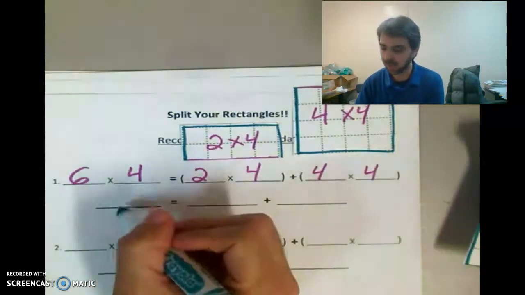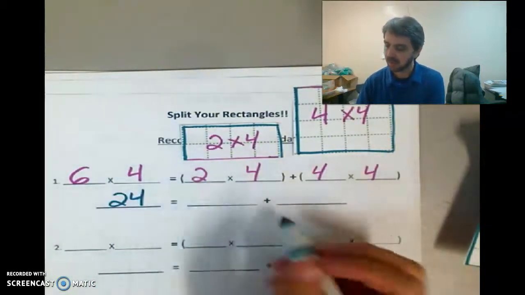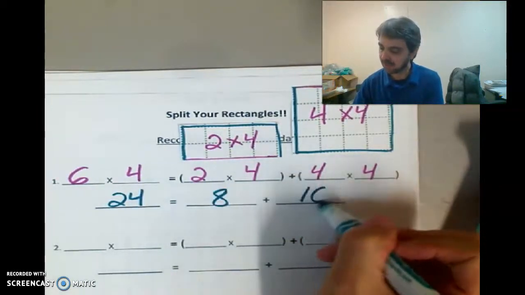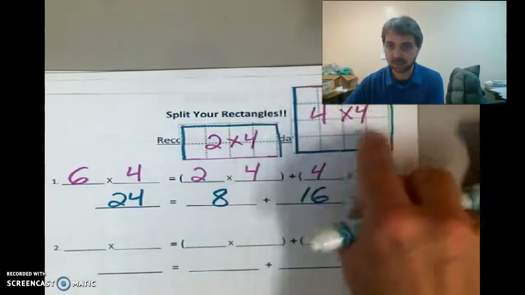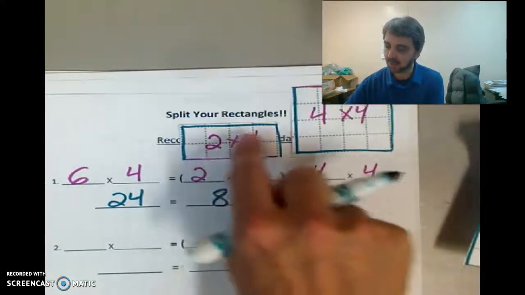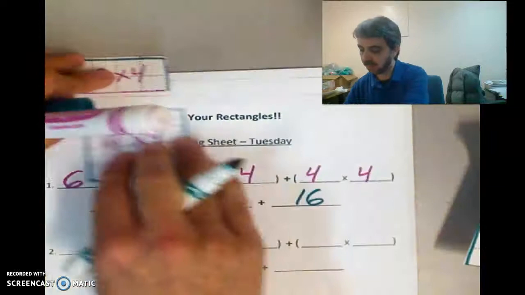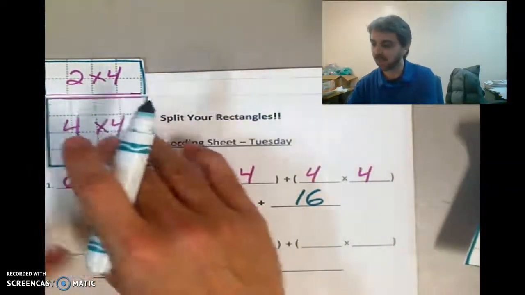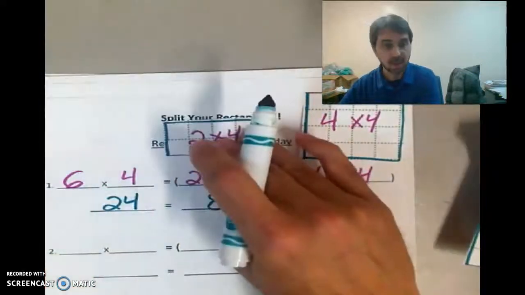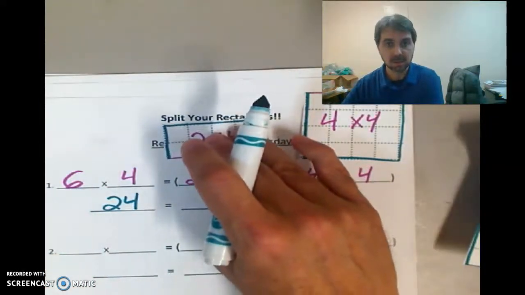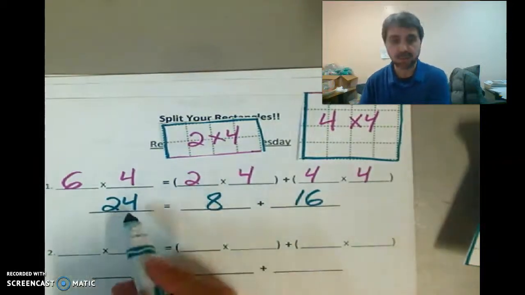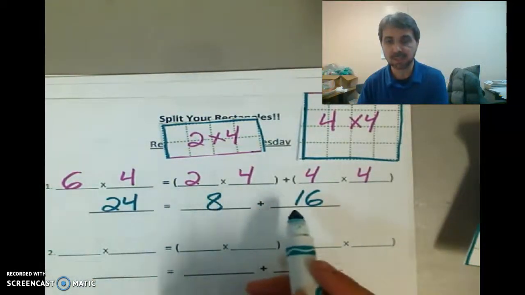So 6 times 4 is 24. 2 times 4 is 8. 4 times 4 is 16, because there's 16 squares in here. There's 8 squares in here. And there were 24 squares in the whole original rectangle before we broke it up. Okay? And now we're going to write down, we're done. Okay, so look, 24 equals 8 plus 16.